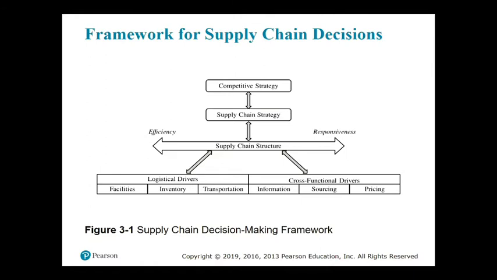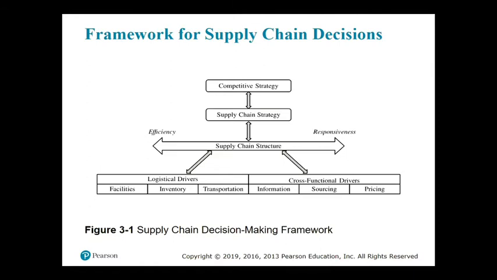Which implies that in a sourcing structure, we would want to focus on suppliers with possibly more cost efficiency than responsiveness. And then another implication is for transportation.